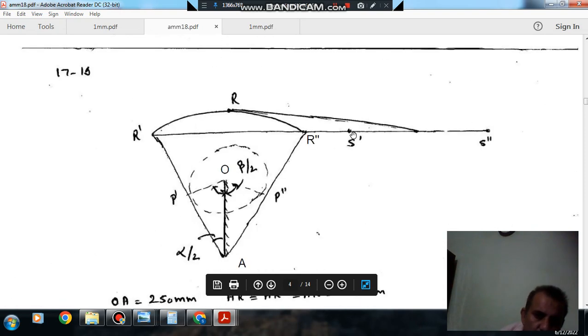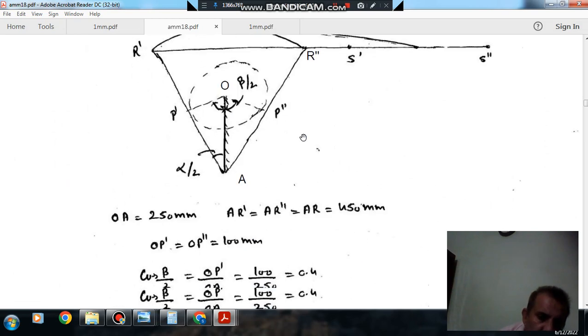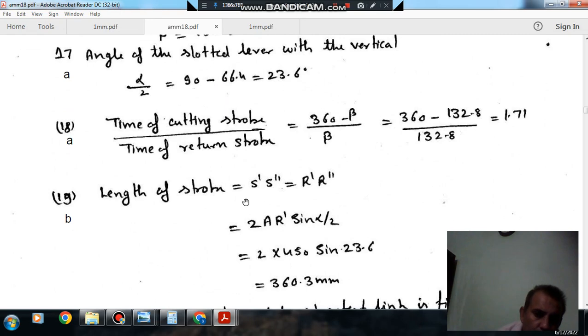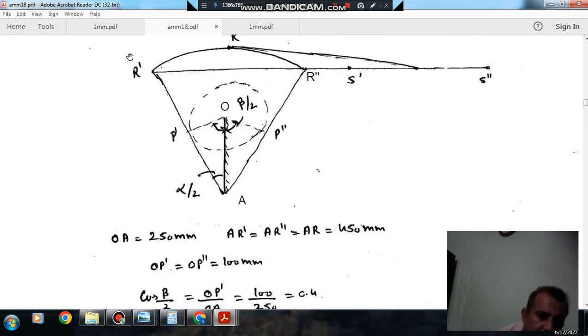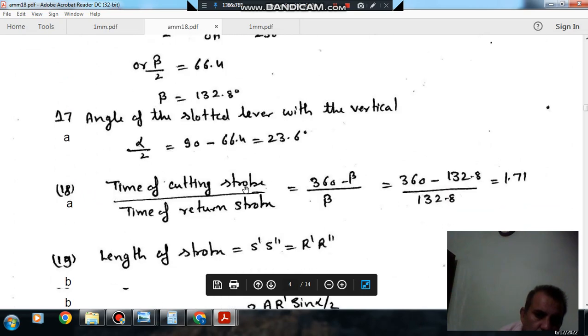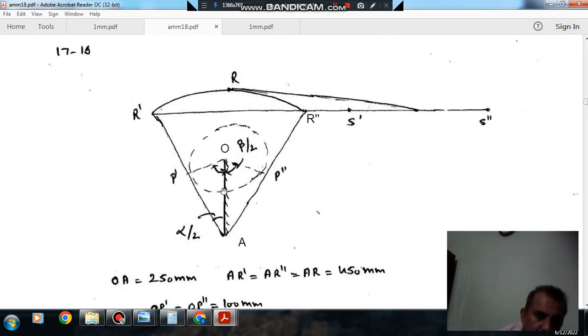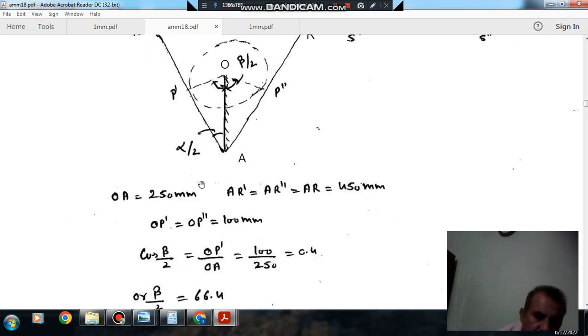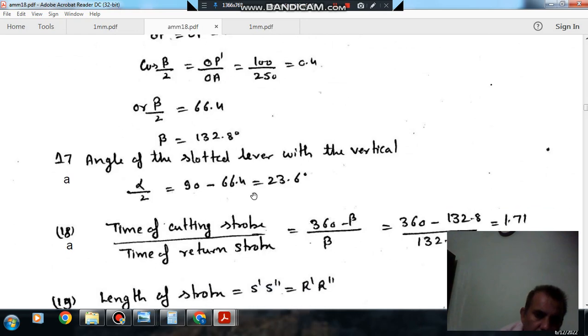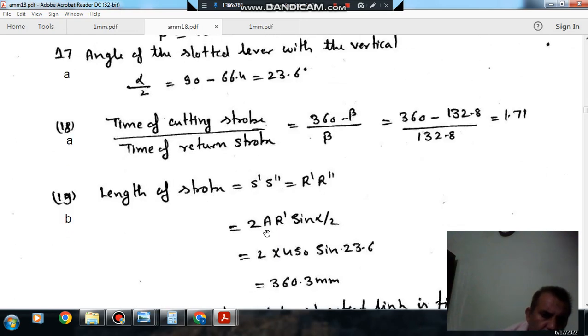Next is the length of stroke, and the length of stroke is SS dash, or we can say it is R dash R double dash. Okay, and AR is given as 450 mm, and this angle is alpha by 2. So now this is again a vertical 90-degree angle. So this angle is alpha by 2, and this length is also given, that is AR or AR dash.